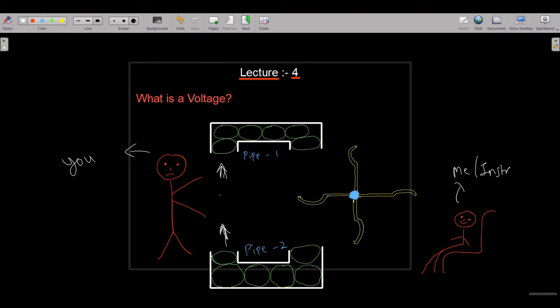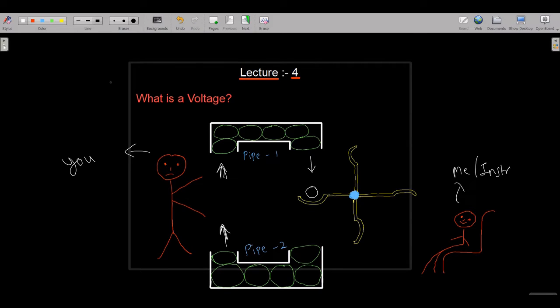Now as soon as you insert this ball in pipe 1, you saw that from the other end of pipe 1, one ball fell down, and it fell on this particular shape.